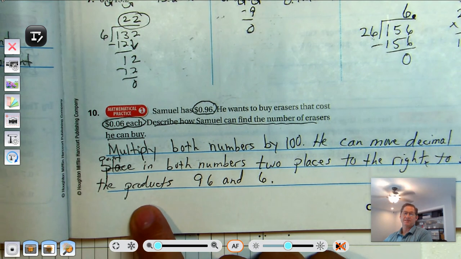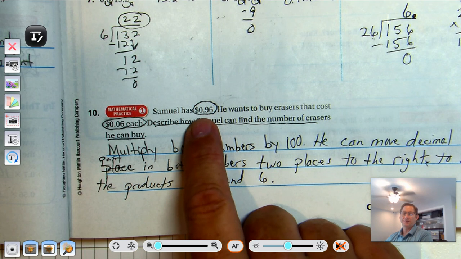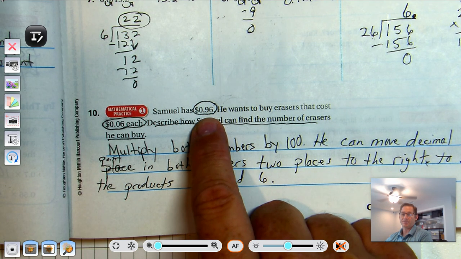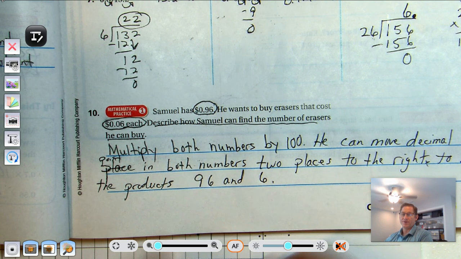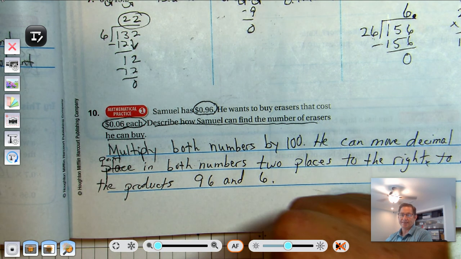Now, why do we say products? Well, because remember, we're multiplying both of these by 100. So 96 cents times 100 would be 96. 6 cents times 100 would be 6.